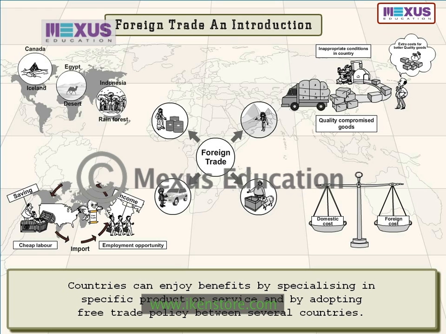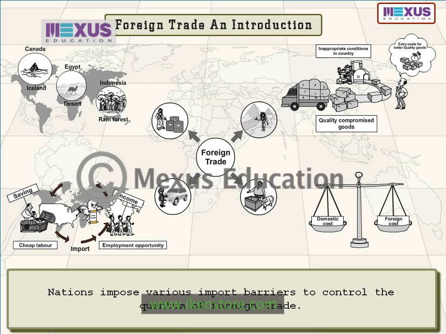Countries can enjoy benefits by specializing in a specific product or service and by adopting a free trade policy between several countries. Nations impose various import barriers to control the quantum of foreign trade.